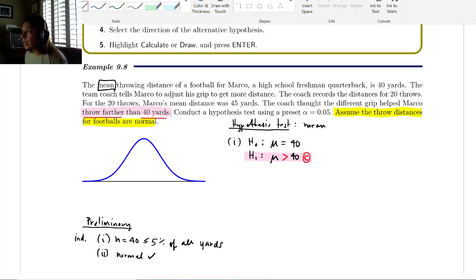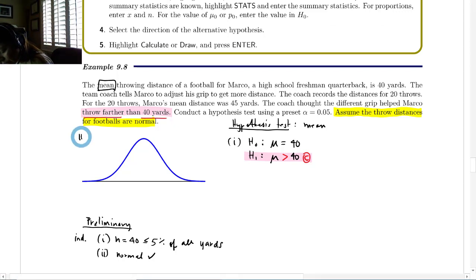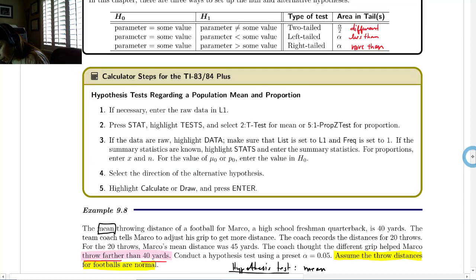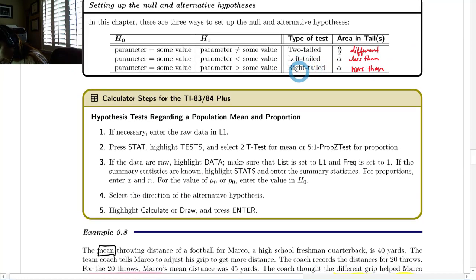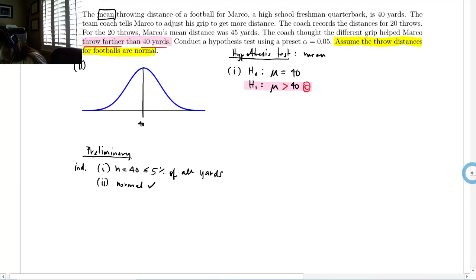The second part is to determine the type of test and draw it. So I would probably just put 40 in the middle. If it's more than 40, then we know it is a right-tailed test. Going up here, right-tailed means greater than, more than, so we make that a right-tailed test.